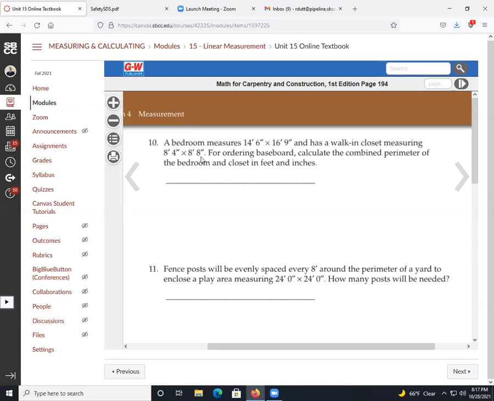If I was doing that on a calculator, I'd probably go 14.5 plus 14.5 plus 16.75 plus 16.75 plus 8.33 plus 8.33 plus 8.67 plus 8.67 equals 96.5 feet.